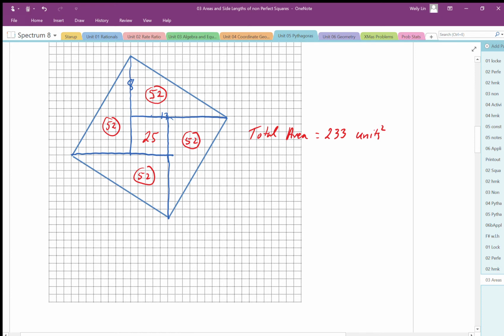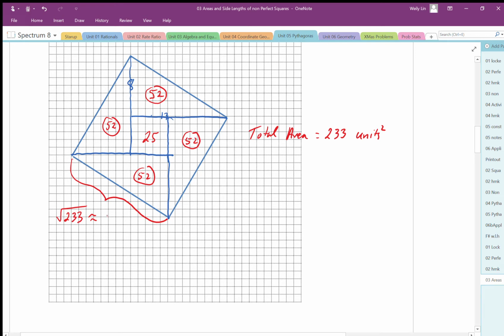And again, we can use the square area to get the edge length, this diagonal edge length, and that's going to be the square root. So we take the area and we square root it. Square rooting gives us side length. So when we square root 233, that gives us 15.26 approximately.